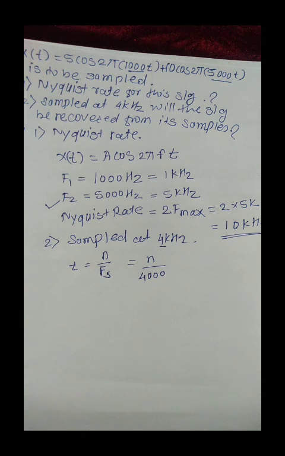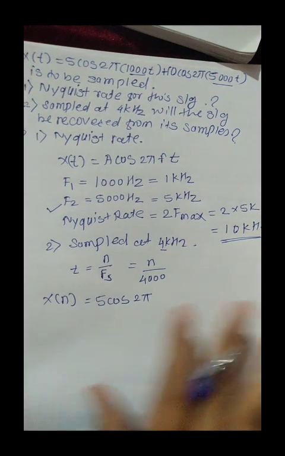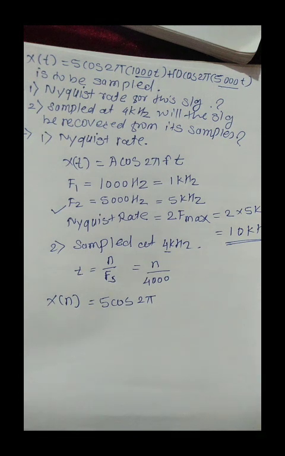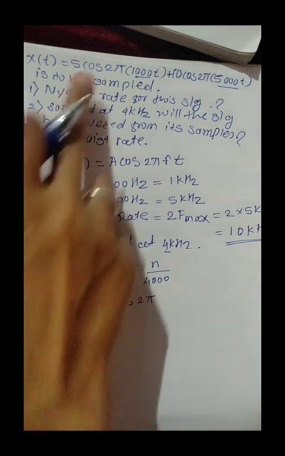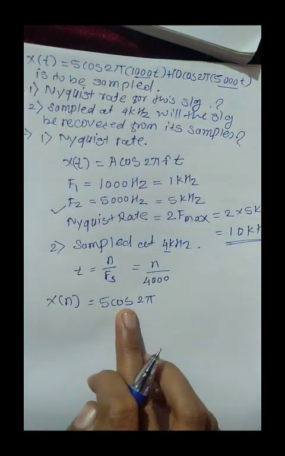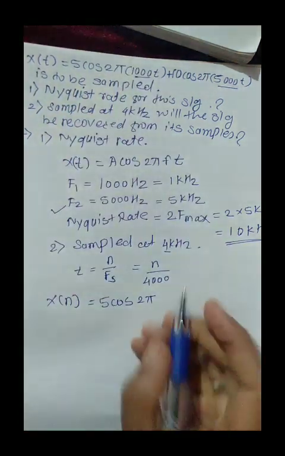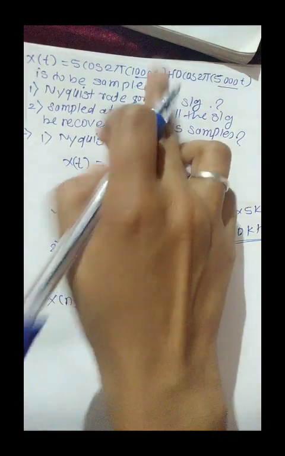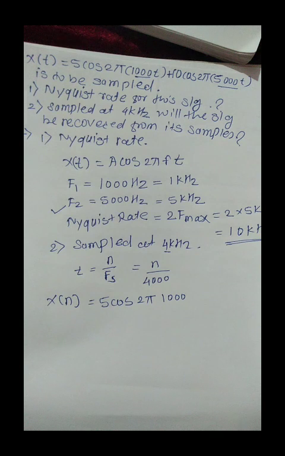In the above equation, we put this value in place of t. Our equation is x of t, but now we are sampling this equation. We get x of n is equal to 5 cos 2 pi 1000 t, where t is n upon Fs.